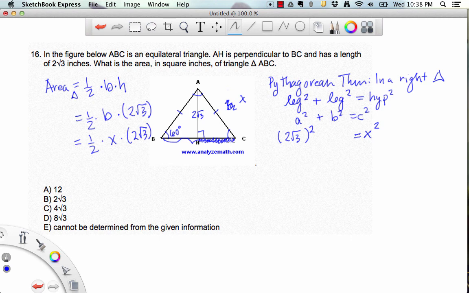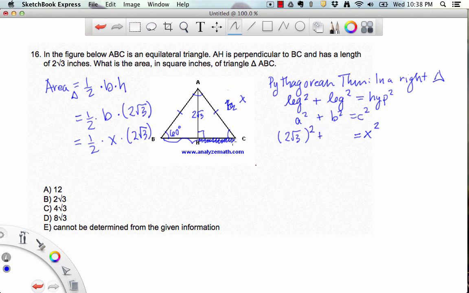And what do we know about it? We don't know how long it is compared to here. Although actually, another way to do this problem, we could use some trigonometry, because we know this is a 60-degree angle. So we could use the fact that we know this length to find this length by using the tangent that relates the opposite to the adjacent. But let's stick with the Pythagorean theorem here.